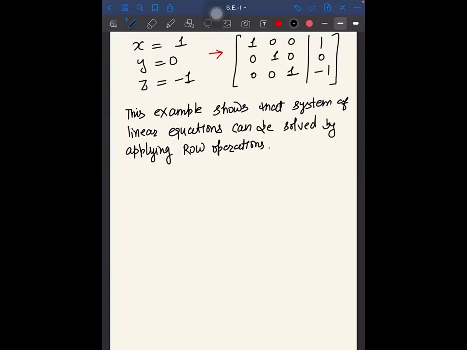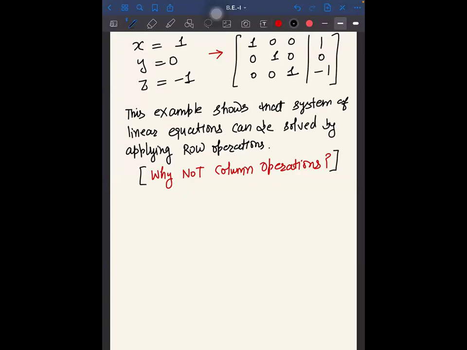But why row operations, not column operations? Why is it so? So my question is, why not column operations? Row operations are very useful in solving the system of linear equations, but why are column operations not that friendly for us? That is an exercise for you.